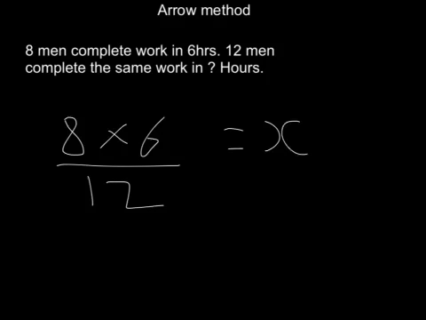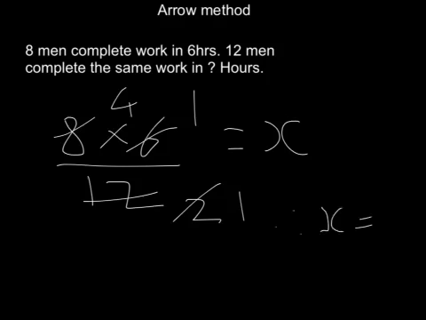And with simple cross multiplication, cancelling, 6 goes once, 6 goes 2 times, 2 goes once, 2 goes 4 times. Therefore, x equals 4, which means that the time taken for 12 men to complete the work equals 4 hours.